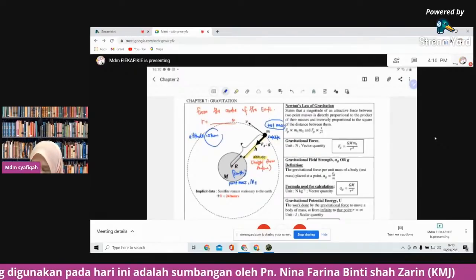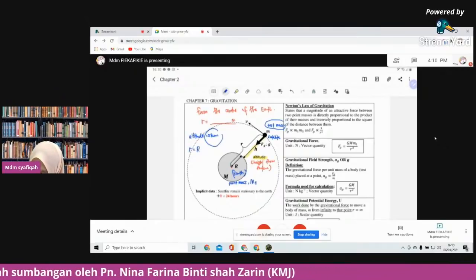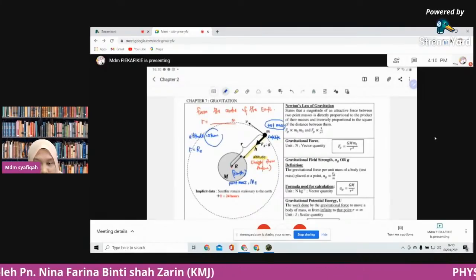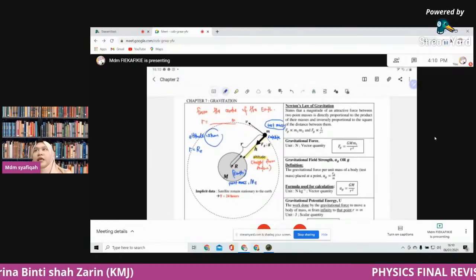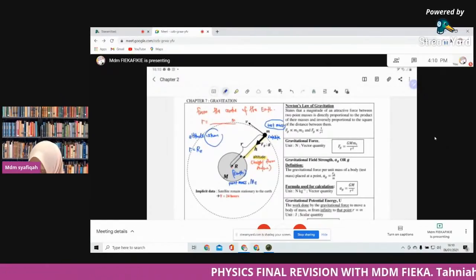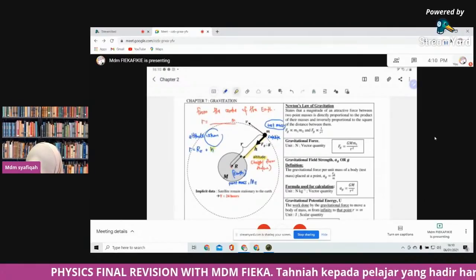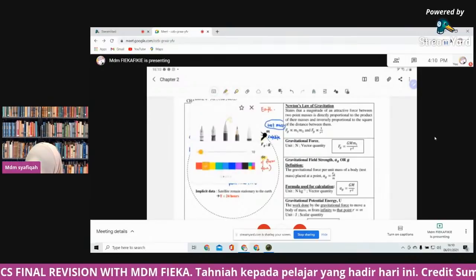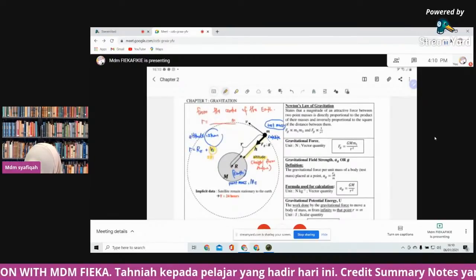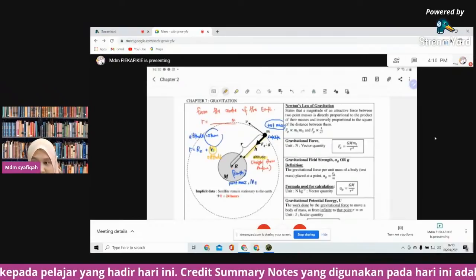So R must be equal to the radius of the earth. Kalau case soalan tu dia bagi earth lah. Kalau dia bagi planet Pluto punya radius lah. Plus the altitude, H. Boleh? Okay, good.